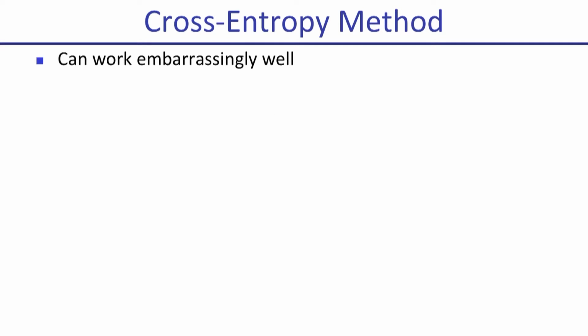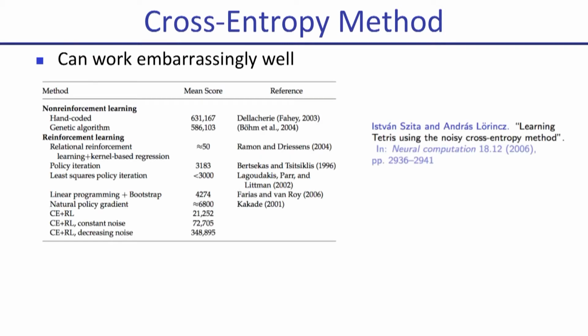OK. It works really well, almost embarrassingly well. In the approximate Q-learning lecture, we talked about the state space of Tetris and how it has a huge state space because of the combinatorial structure of the problem. It turns out that with a relatively simple policy class, you can do really well with just this type of simple method. You can find really good performance on this Tetris game.